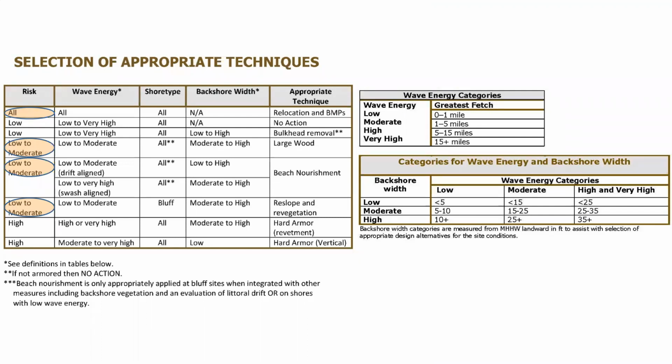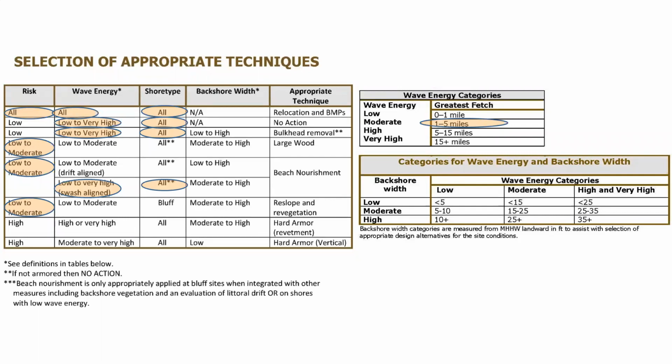We have our wave energy. So we see that we are in that high wave energy category. So we look to the wave energy category, and I've circled the high energy category and the shore types that are appropriate. We take a jump here to the backshore width category.